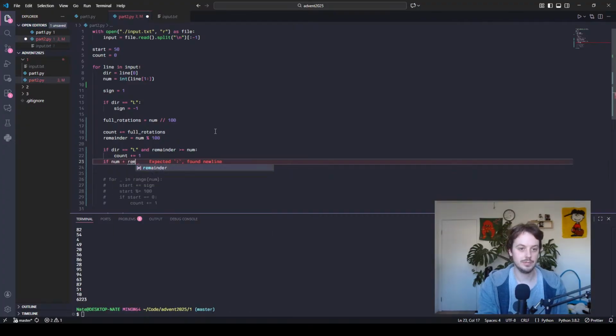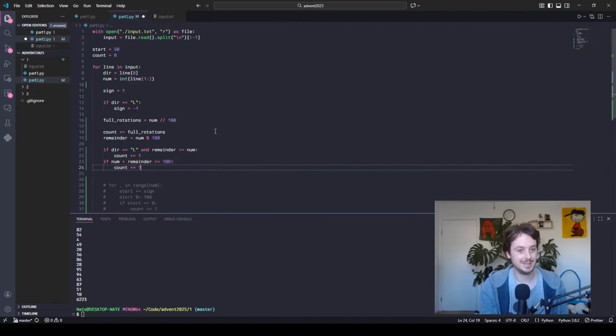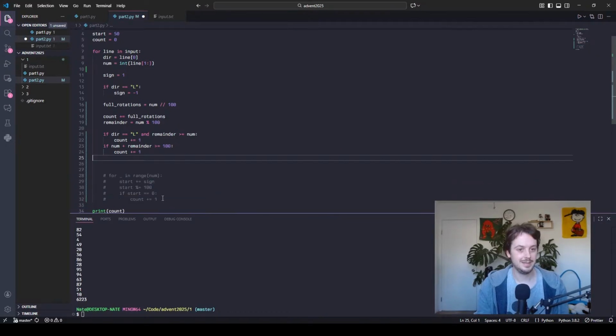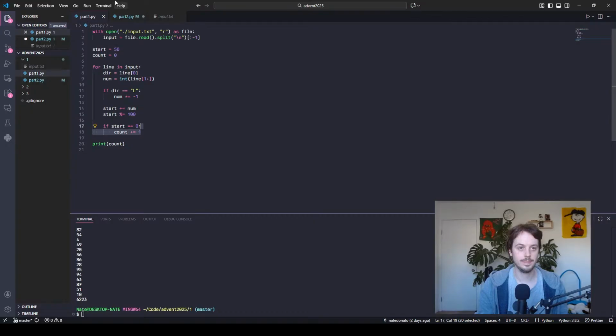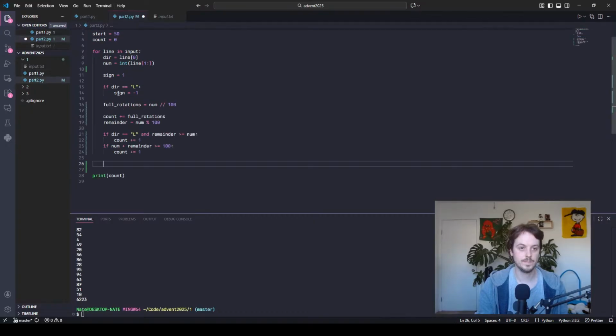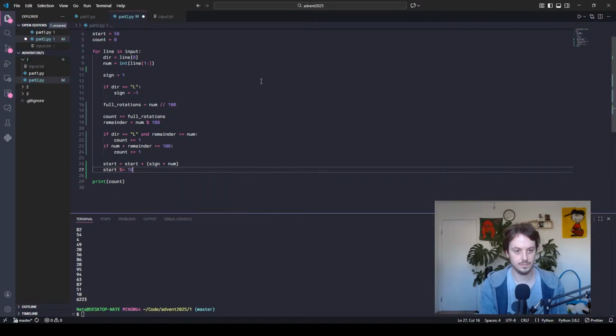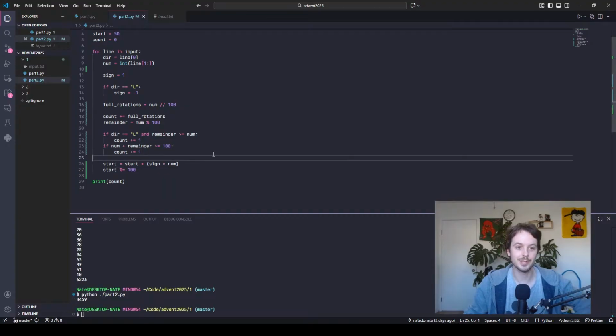If num plus remainder is greater than or equal to 100. Something like that. Say start equals start plus 9 times num. Let's see if that still gives me the same answer. No, it did not give me the same answer, so I've made a mistake somewhere.